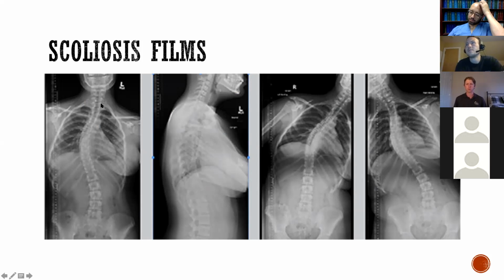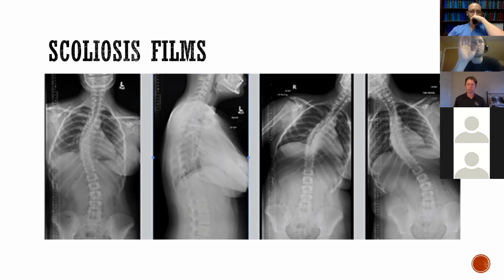Joe, you want to go through this? So I went back up to the slideshow. These are all the same patient. Like Joe was talking about, this is the curve here, and there's another curve here. This is a supine film, or it could be a standing film, but there's no motion on it. On the right, you have a film with the patient bending.